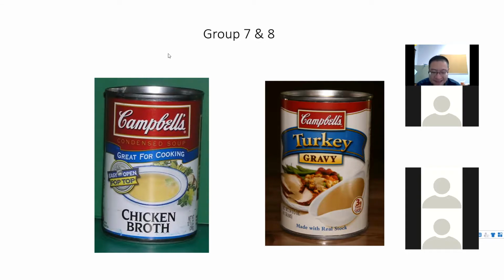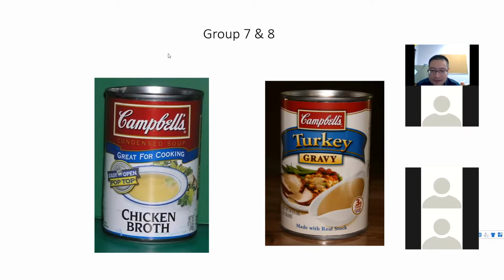But it also is in a metal can, so you could just do a still retort. Still retort? Nice. I think a still retort definitely works for the chicken broth. And the turkey gravy might be a little bit viscous. What do you think, Patrick?